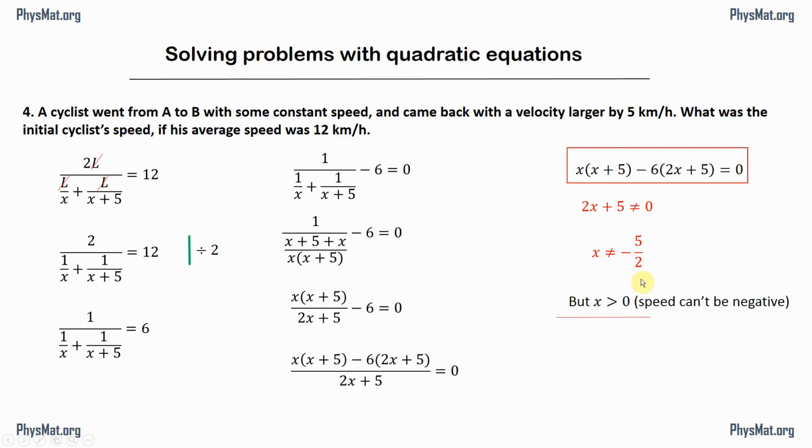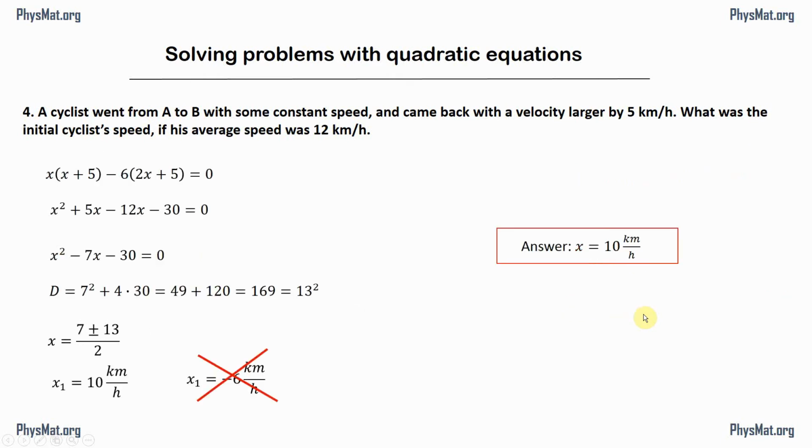But again, if we come back to the physical meaning of x, which is the speed, which cannot be negative, therefore this condition will always be fulfilled. So we simply need to solve our equation, and our condition for the roots will be x is greater than 0. So that's what we do here.